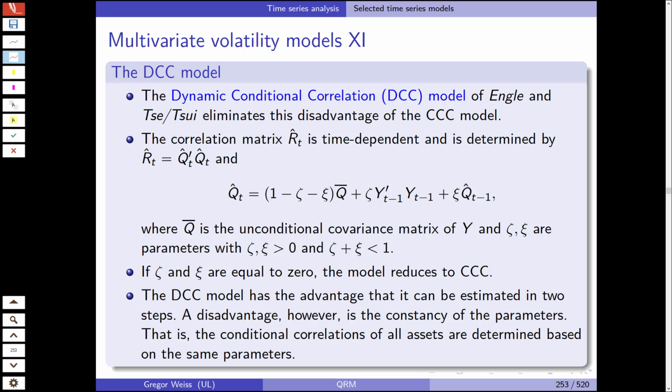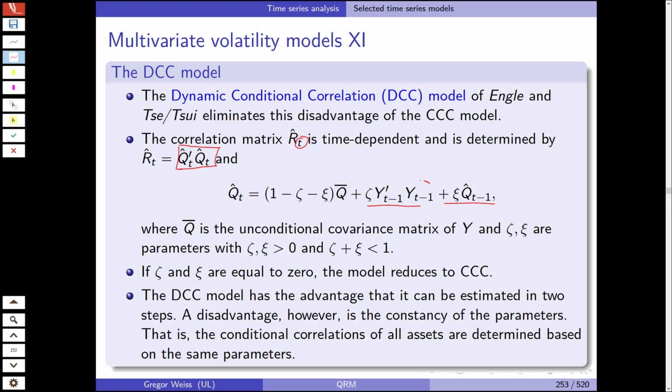The correlation matrix is now Rt. It is time dependent, and it's determined by this equation here. You decompose it into this matrix Qt, and this product of this matrix Qt multiplied with its own transpose, and then Qt is assumed to come from this equation: 1 minus alpha minus beta times Q bar plus and so on and so on.